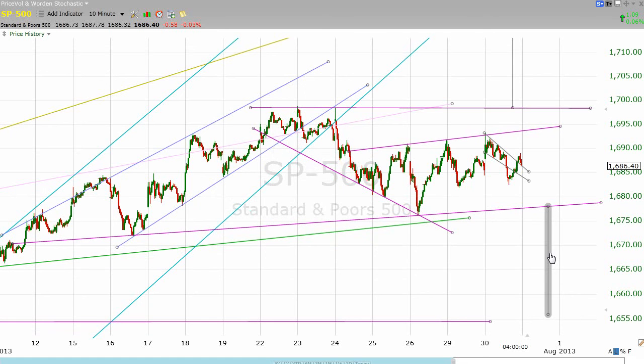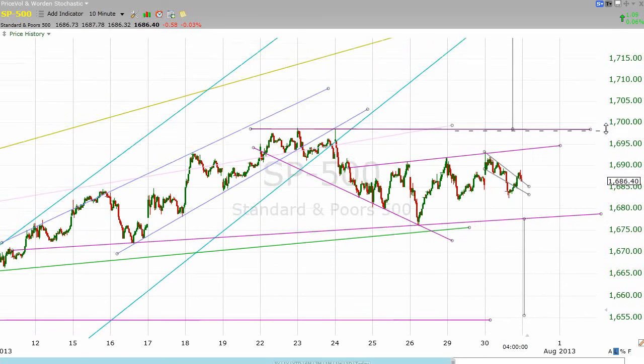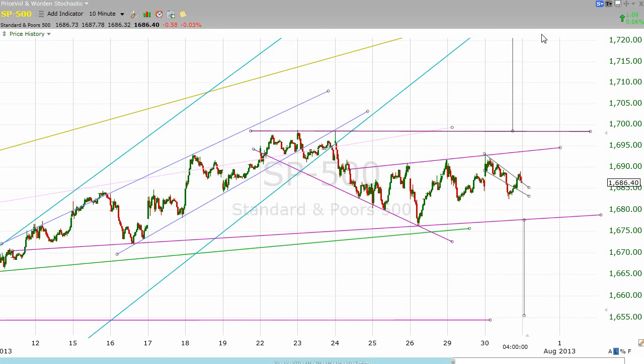And if it breaks, wherever it breaks in the next few days, we're looking at the 1650s. If it doesn't break and we take this line out instead, then we're looking to break 1700, with 1722 as a likely short-term target.